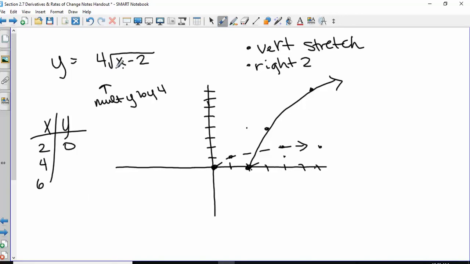If you put in a 2, you get 4 times the square root of 0, which is 0. Put in a 3, you get the square root of 1 times 4 is 4. You put in a 6, you get 4 times the square root of 4, which is 8. So you can double check yourself there and see where your points are.